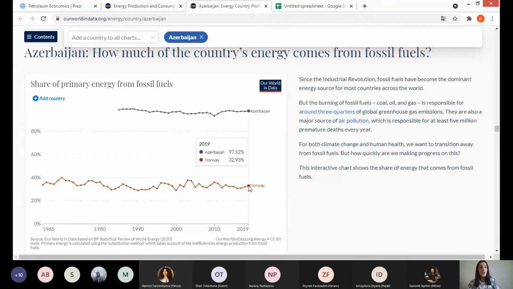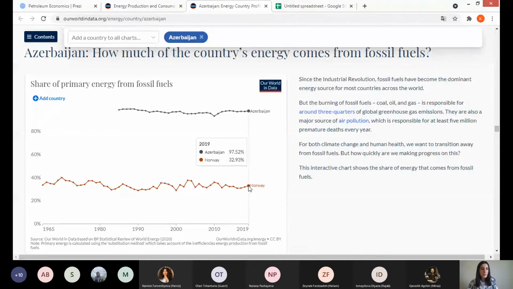Why? Because Norway mainly relies on renewable energies, especially hydropower. You see the many seas and rivers in Norway, so hydropower is easier for them. Hydropower is not only the leader in renewable energies, it's also the leader among all energies, renewable and non-renewable. But in the Azerbaijan case, our leader is gas and oil.